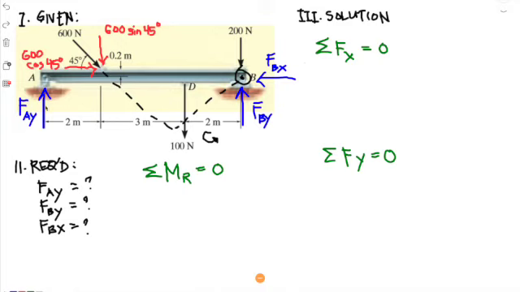What is the remaining force? It's FAY. So the remaining force, FAY, should oppose the counterclockwise rotation, since two of these forces are going to rotate point B counterclockwise. So we need FAY to turn point B clockwise.